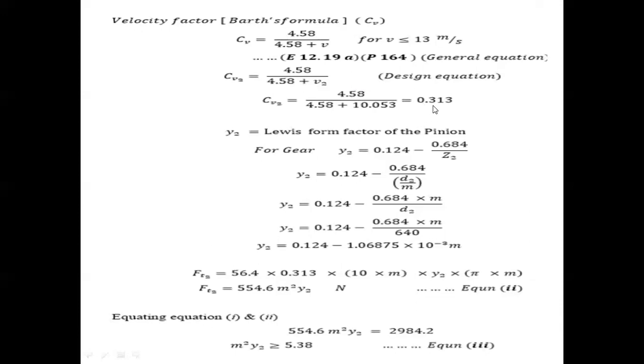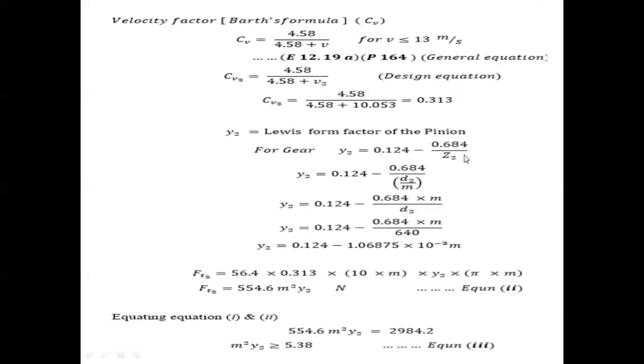Once you have that value for Cv, you have to substitute it in the main equation. Next thing is substituting for y1 and y2, the Lewis form factor. In the previous step we substituted one value for y2, that means 0.124 minus 0.684 divided by 80. That is only an assumed value, not an exact value.